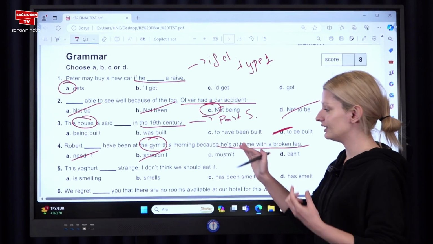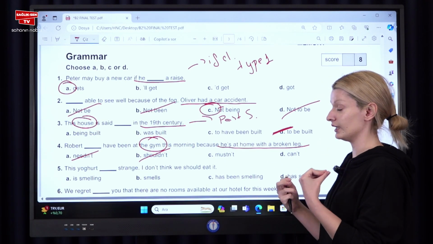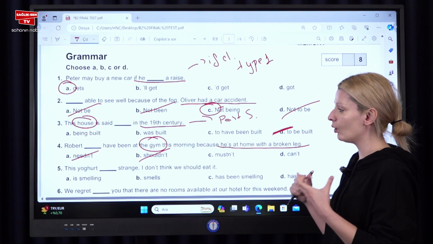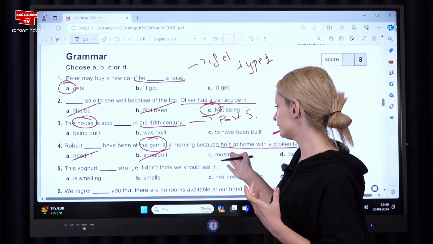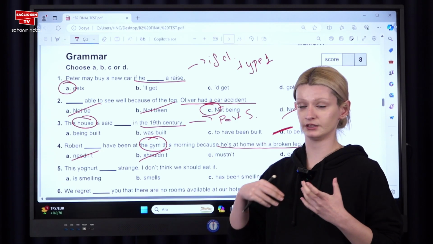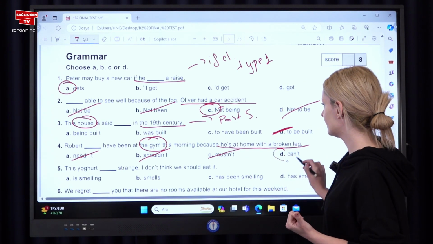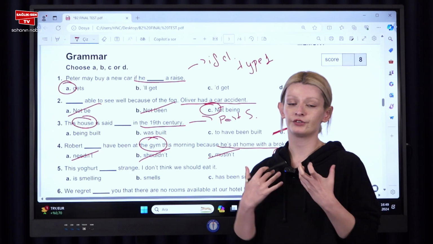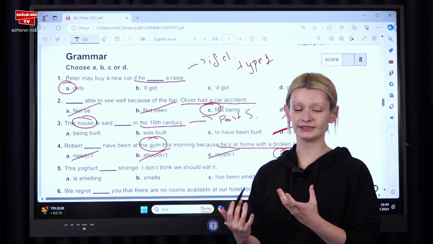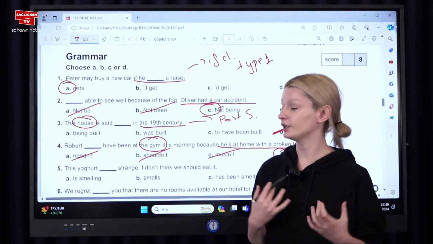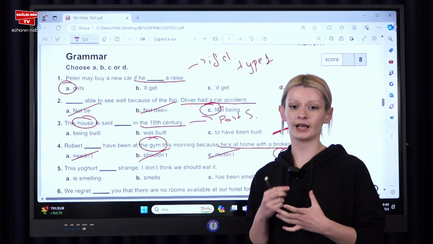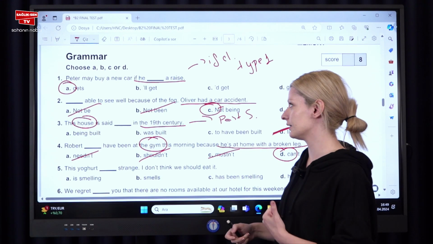Mustn't have been is not a thing in Modal 2. We only use the positive form of must in Modal 2 to make deduction. So can't have been at the gym represents impossibility in the past. We are almost sure that he wasn't at the gym.